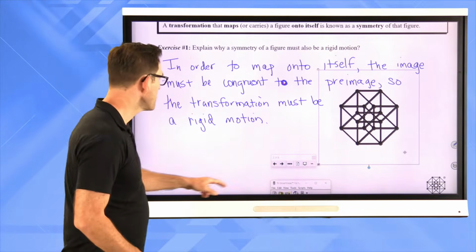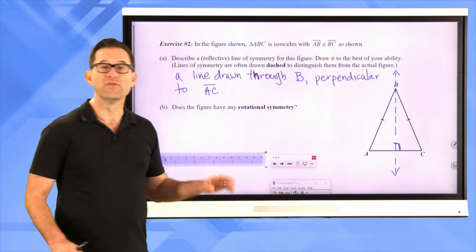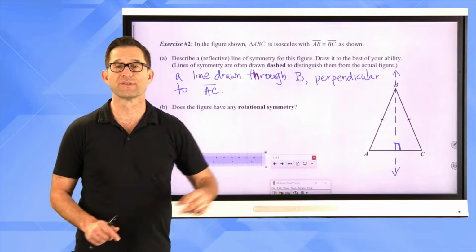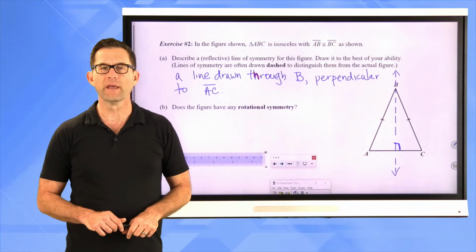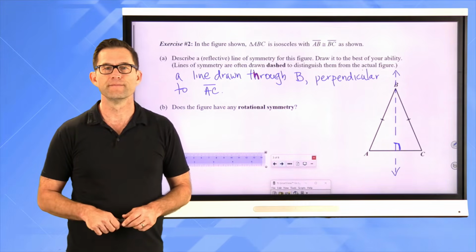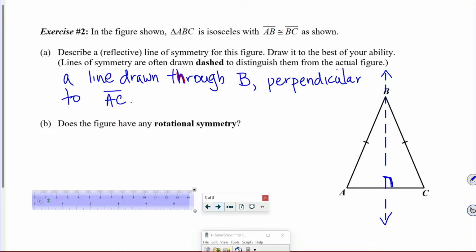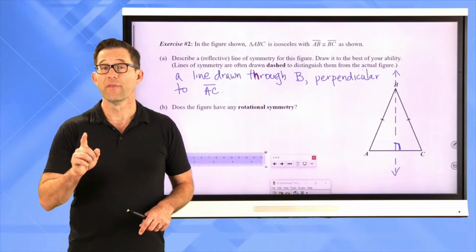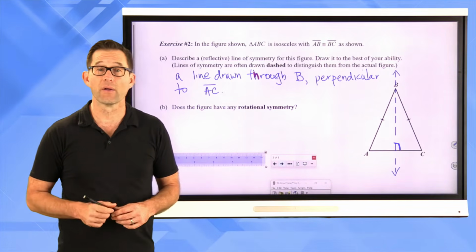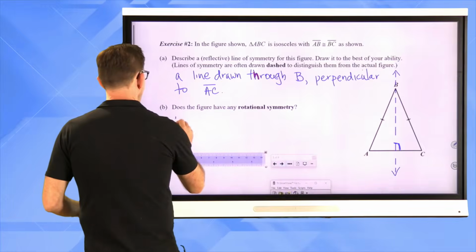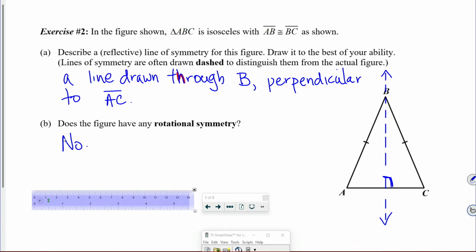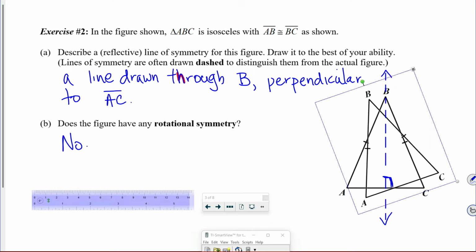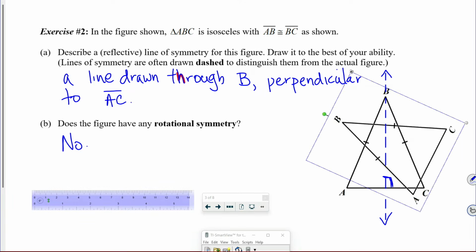So the question then becomes, back on this slide, does this thing have rotational symmetry? Think about that for a minute, and then let's play around with it. And the answer is, for a general isosceles triangle that isn't also an equilateral triangle, the answer is no. And again, it's pretty easy to see that if I come in here and click on this thing, and I start to rotate it, right?